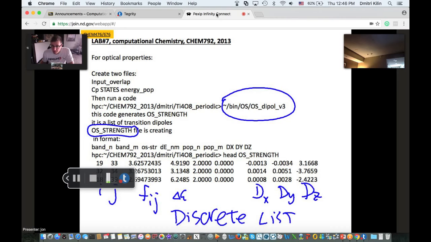And so where am I at on here? And so then we're interested in trying to look at which states are involved.